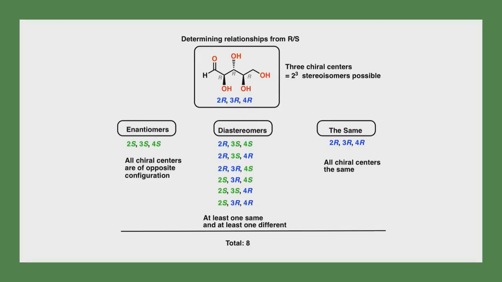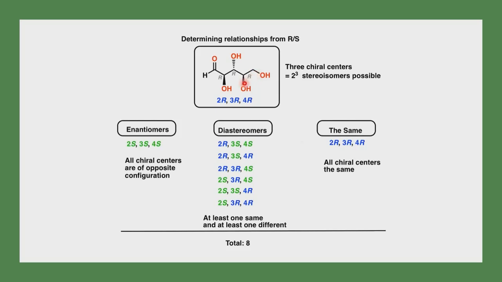Now suppose you see a diastereomer molecule and you find that there are 3 chiral centers, such as 1 chiral center, 2 chiral centers, 3 chiral centers, and there are different R groups attached. We will name them 2R, 3R, and 4R. So these are the different groups that are attached to our chiral centers.